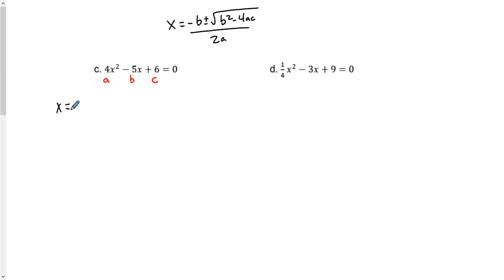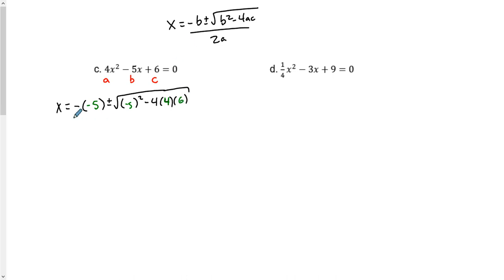So x would be negative b, so negative of negative 5, add or subtract our b squared, which is negative 5 squared, subtracting 4, multiplied by our a value, multiplied by the c value.